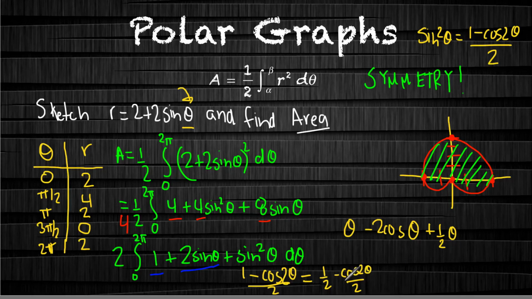And then we're going to integrate negative cosine 2 theta over 2. We remember that the derivative of cosine is negative sine, so the integral of cosine must be positive sine, but there's a negative in front, so it's going to be negative sine of 2 theta. And it would be over 2, but we've got to divide by 2 right there, so it's going to end up being over 4. So you plug in all of your values for your upper and lower limits, and you end up getting 6 pi. I'm going to save time on this video and just give you the answer there.